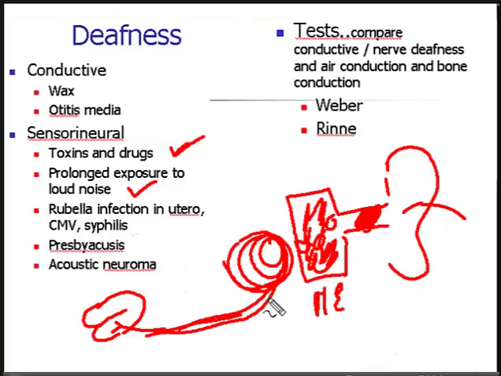In old age, the hair cells get damaged, or there is a tumor in this nerve pathway. So it's a neural pathway that has gone. So it's an internal ear or nerve problem that is occurring. That is known as sensory neural deafness.